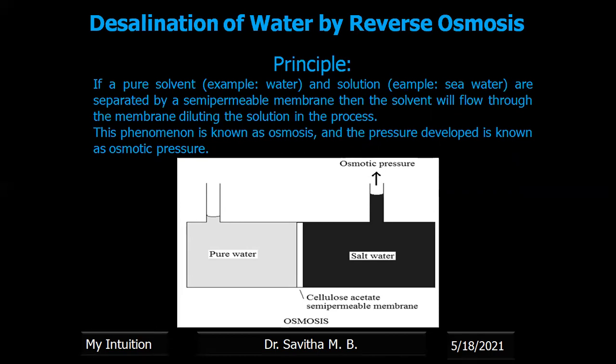The principle is, for example, if a pure solvent like water and a solution like sea water are separated by a semi permeable membrane, then the solvent flows through the membrane, diluting the solution in the process. After a certain time the pure water also becomes salty in nature, and this takes place until an equilibrium is reached.